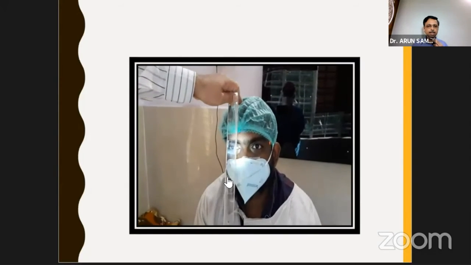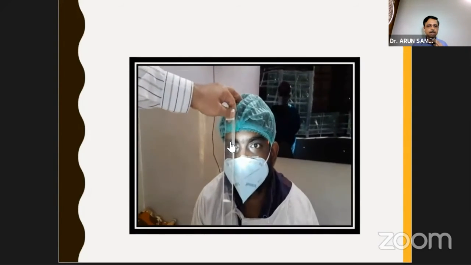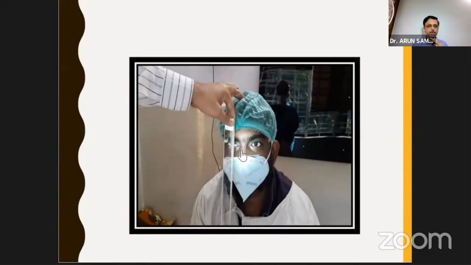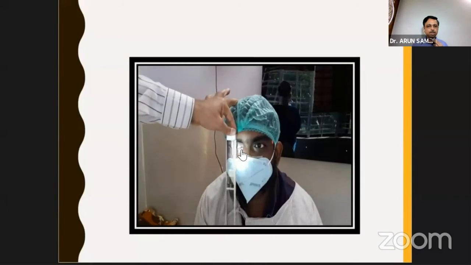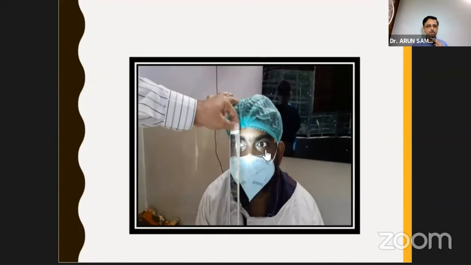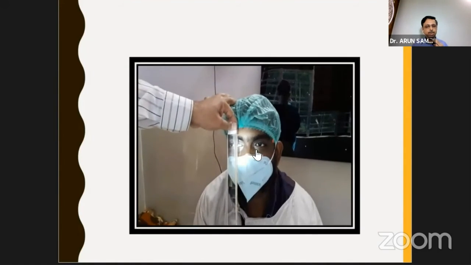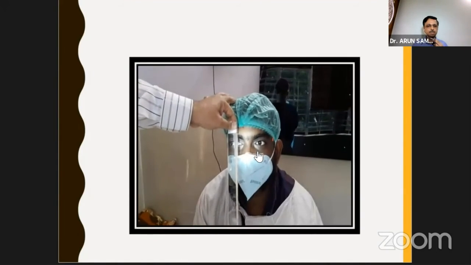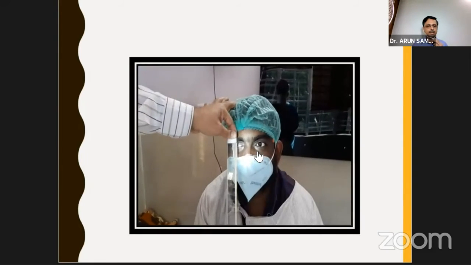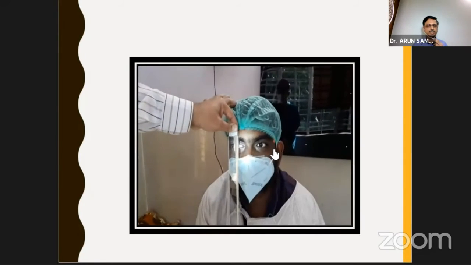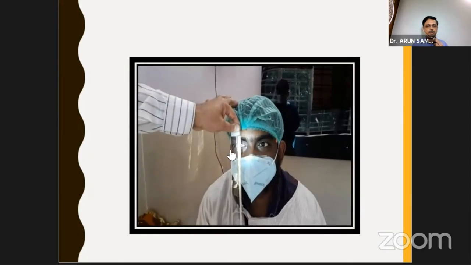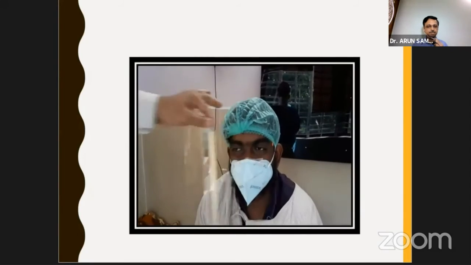You put a light and slowly increase the amount of prism until you neutralize the deviation. You can go a little more also: suppose you are doing an exotropia, you take the patient to eso by increasing the prisms and then get back to the correct angle. Here you can see it becomes eso and then you get the correct angle of deviation.